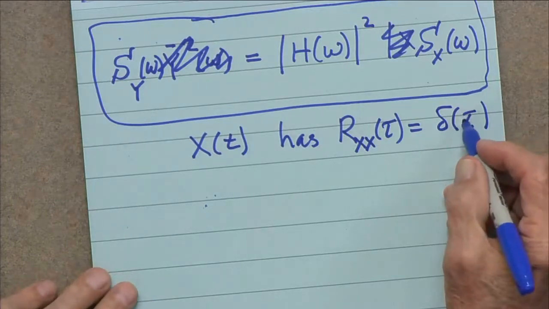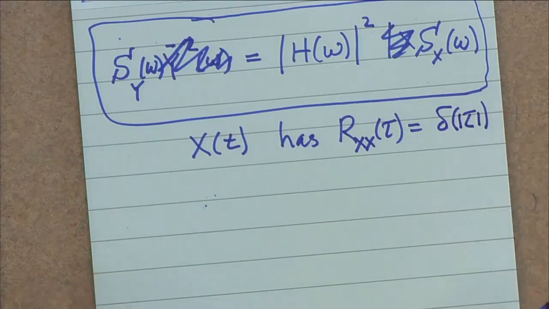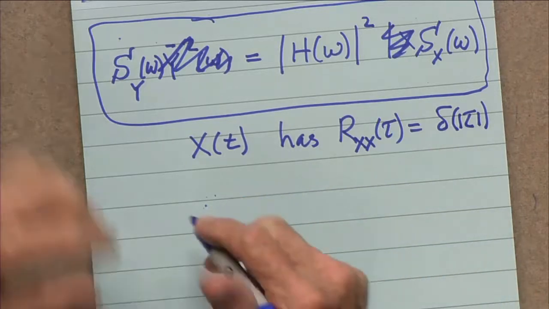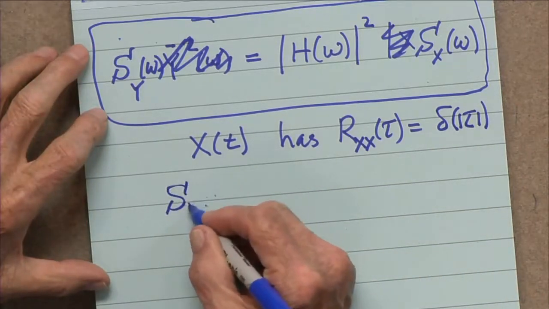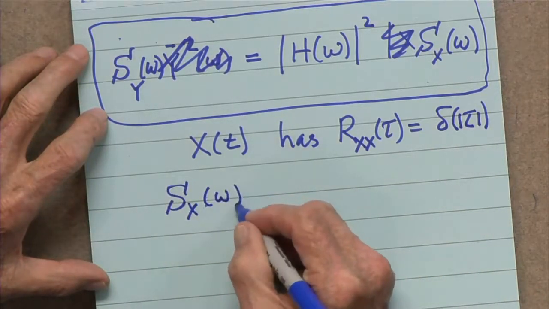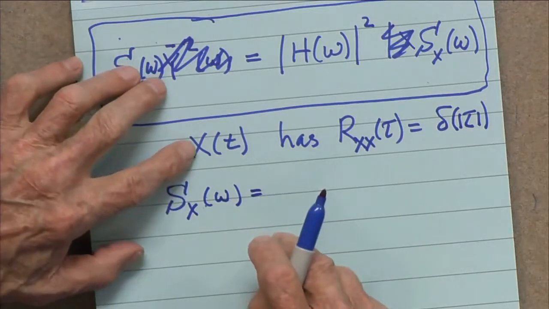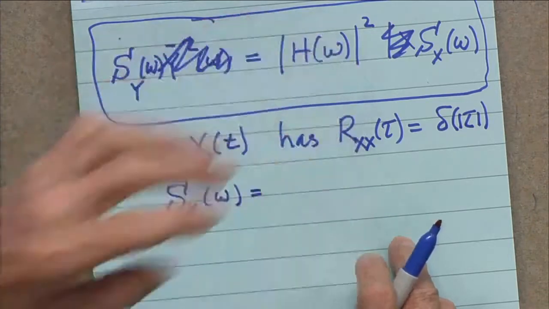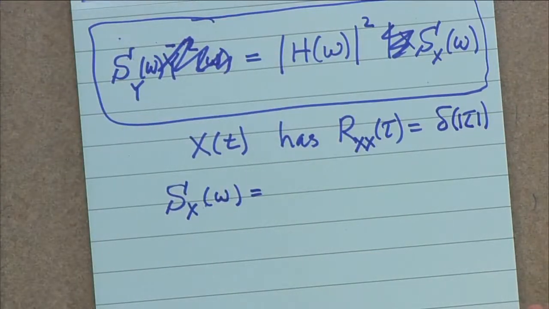Actually, it's the absolute value of tau. And so if I want to calculate the spectral density of x, I have to take the Fourier transform of not x, but its autocorrelation function.